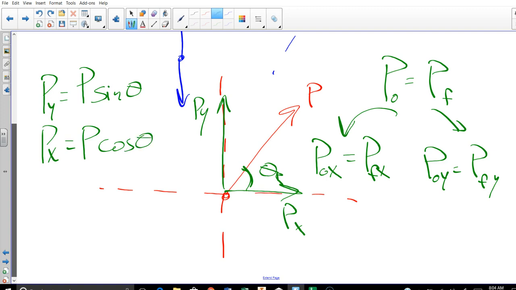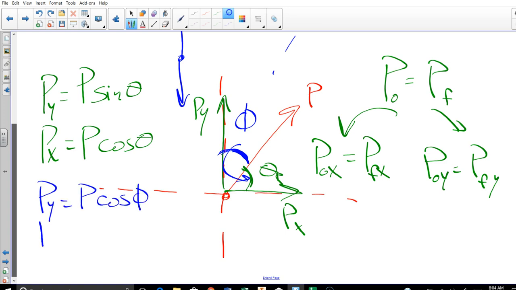But be on the lookout: if a problem gives you an angle to the y-axis, which is really the complement to the reference angle, I'll call it phi, then your y component is found using the cosine of that angle, and the x component using the sine of that angle. Or your other option is to subtract it from 90 to find your actual reference angle. It's up to you how you want to handle that.